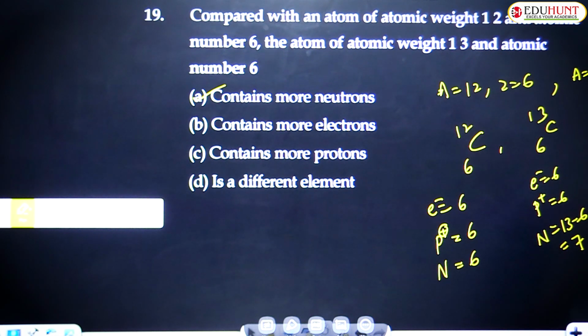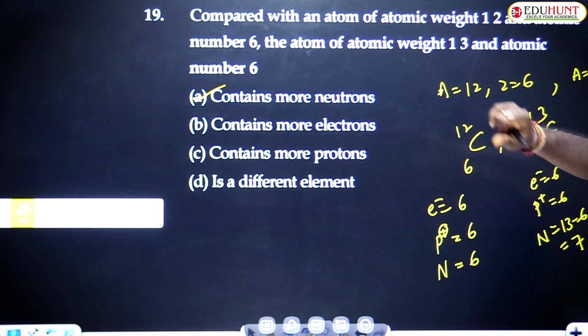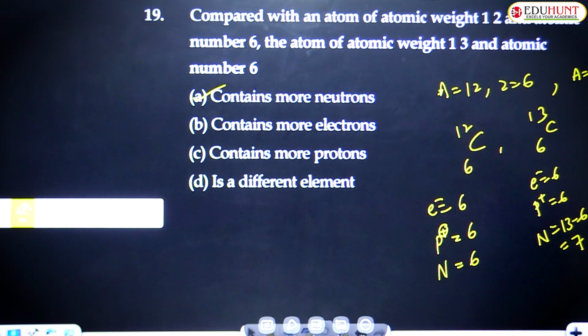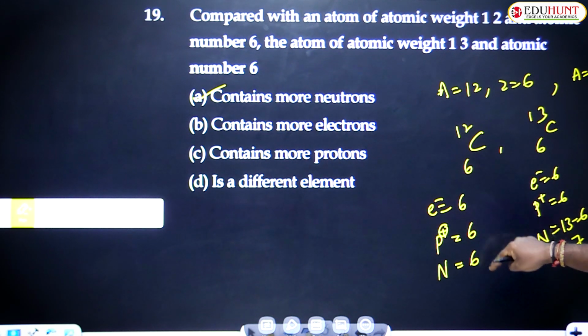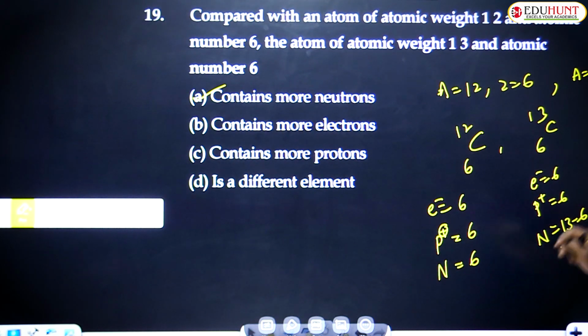So the answer is contains more neutrons. With atomic weight 12 and atomic number 6, electrons, protons and neutrons are all equal. But in the other atom with atomic mass 13, neutrons are more.